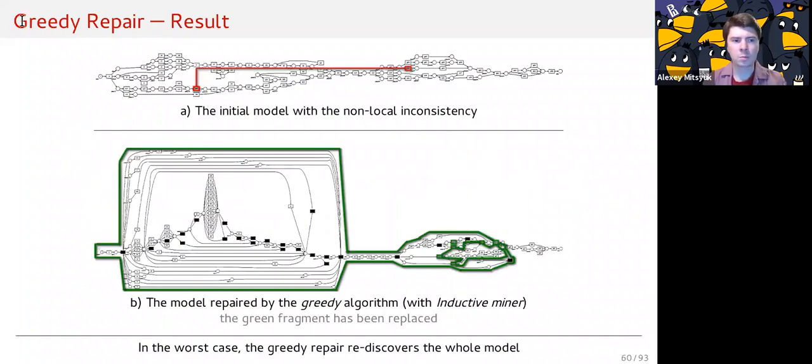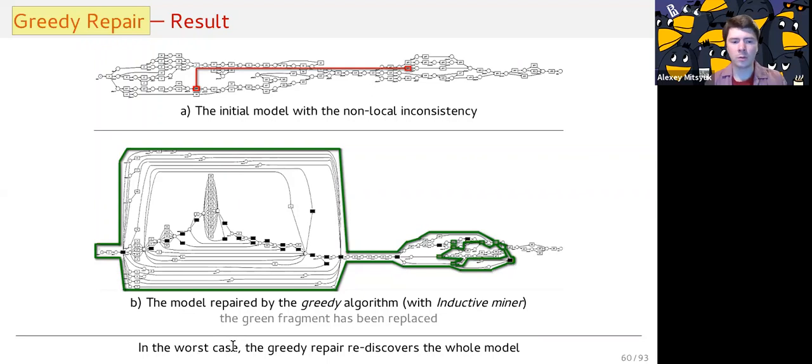So using this greedy repair, as we called it, we obtain such results. In the initial model, we swapped two transitions, and then actually a large part of the model is reconstructed using this greedy repair.